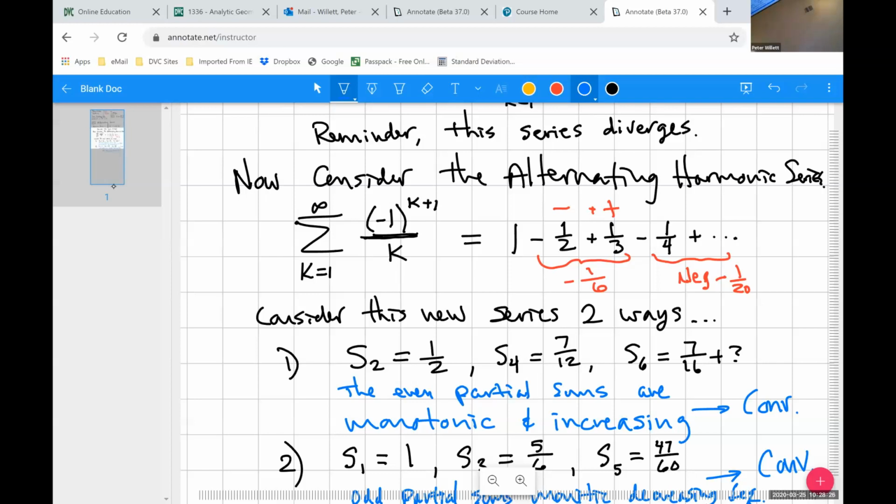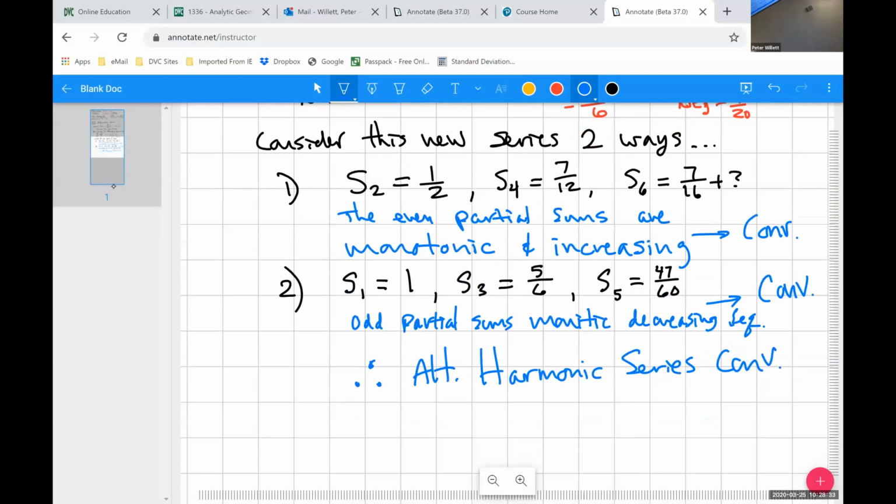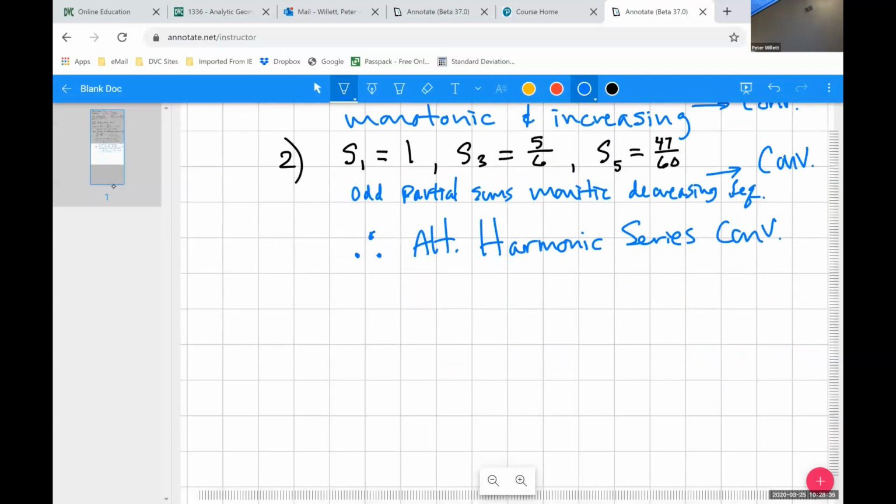So with an alternating series, it's possible that in its alternating form, it converges, but if it wasn't alternating and all the terms were just positive or all just negative, that possibly then it would diverge.